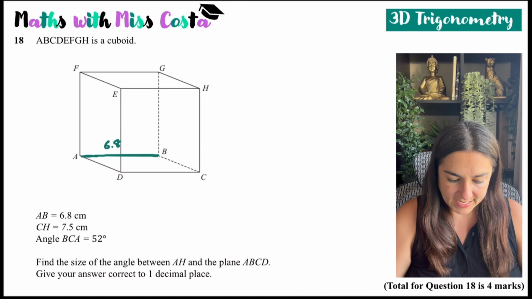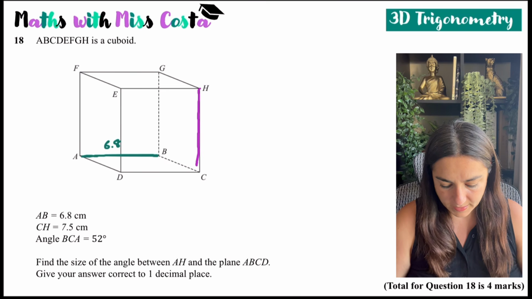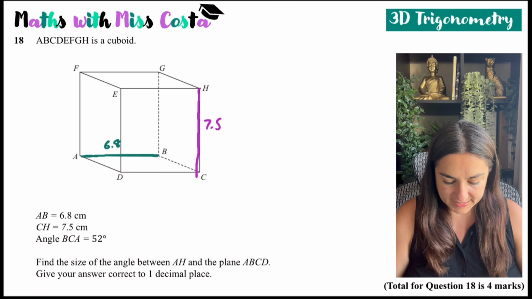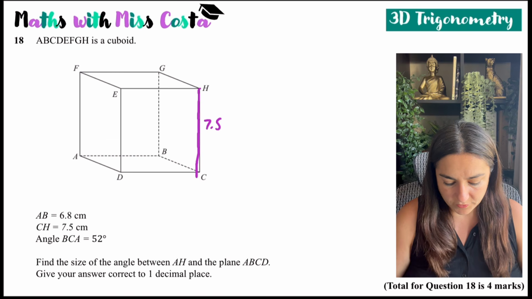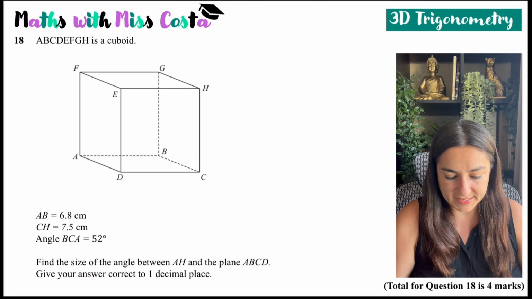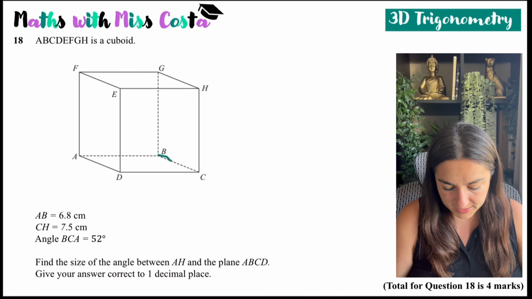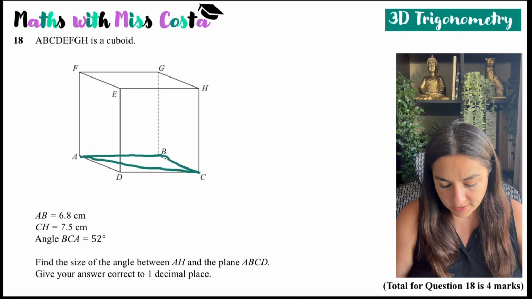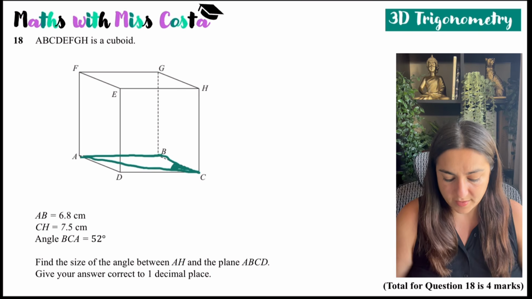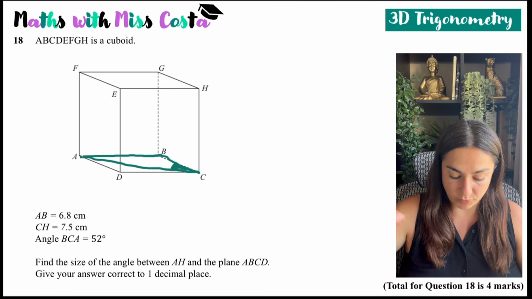We know that CH is 7.5 centimeters, and the angle BCA is 52. So this is where we want to think about where would angle BCA be. So B, C and A would be connected like that. So that would be a little right angle triangle over here on the base of the cuboid.